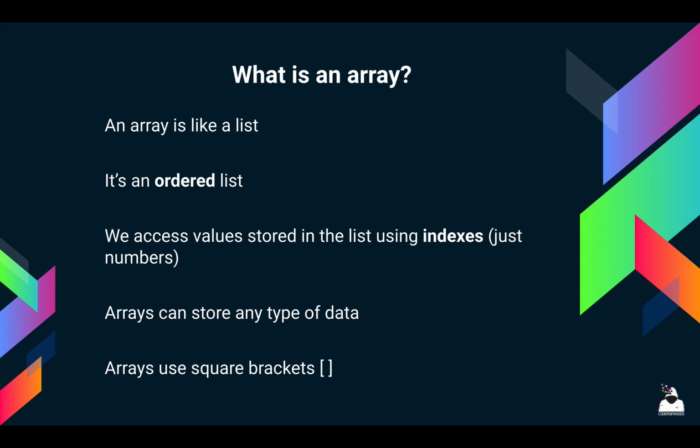First, arrays. An array is basically a list. It's just a bunch of things in an order. So you always have one item that is first, then the next item is always after that first item.